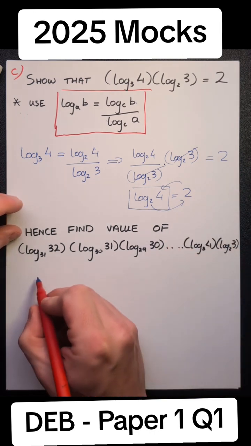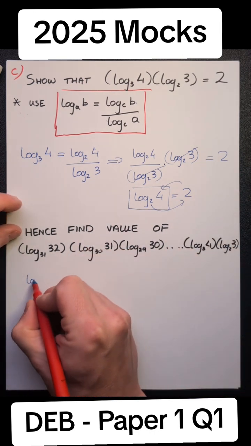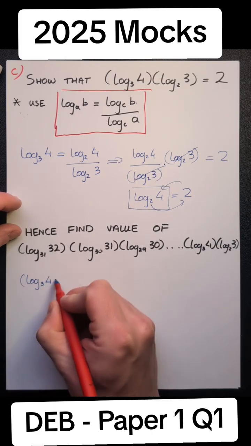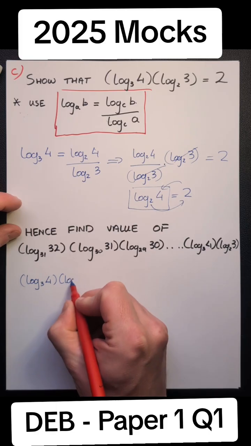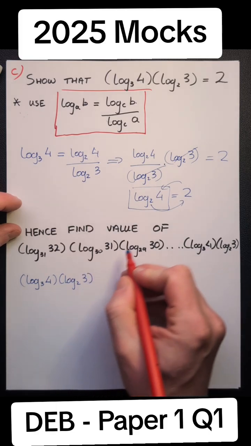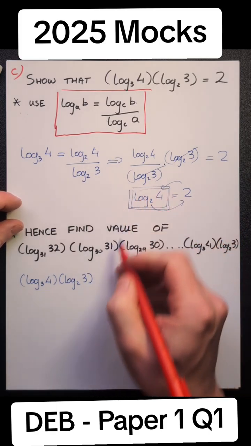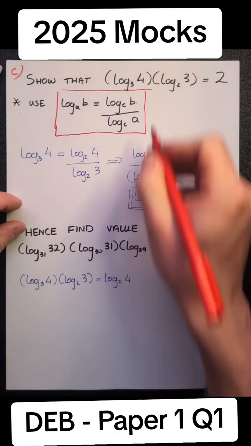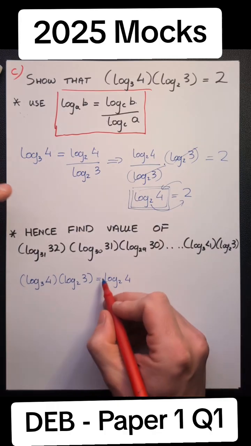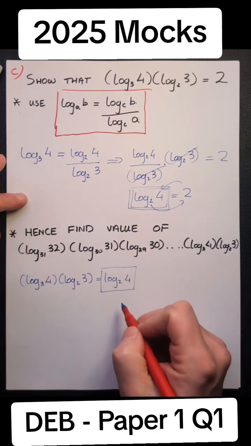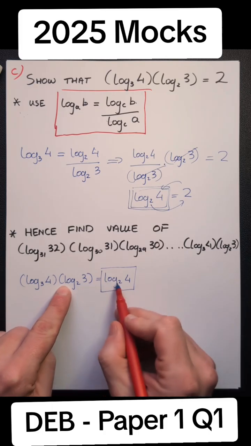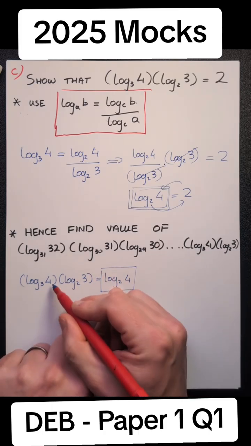So we were told that log base 3 of 4 times the log base 2 of 3 is essentially the log base 2 of 4. Okay, when we simplified it, it was equal to 2, which is equal to the log base 2 of 4. By that reasoning, we can take the last log base here and put it to the argument of the first one here.